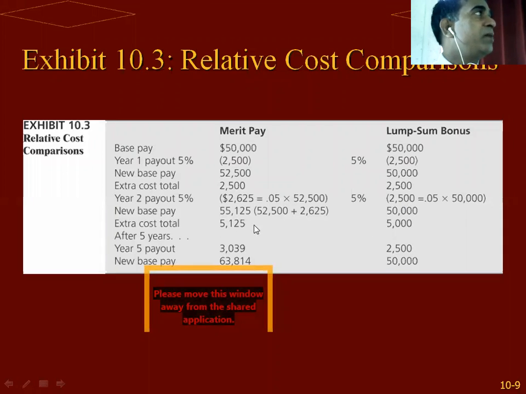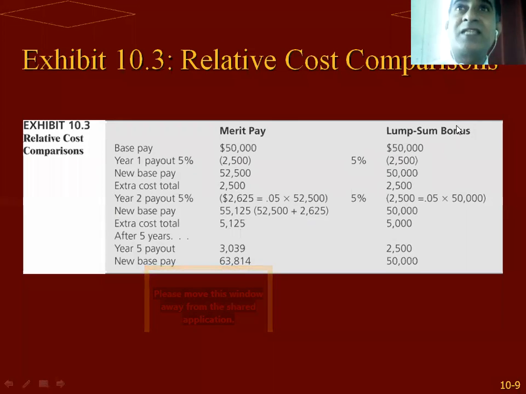So if you compare at the end of the second year, company 1 has paid $125 extra. This is just over a 1 year, 2 year period. Imagine over a period of 10 years, 20 years, what will happen? This is how the lump sum bonus plan is less expensive in the long run compared to merit pay.